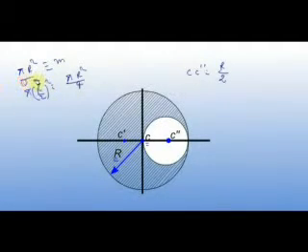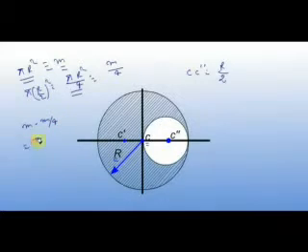So since the mass of pi r square area was m, so the mass of pi r square by 4 area would be m by 4. So the mass of the remaining portion, that is the shaded region, would be m minus m by 4, that is 3m by 4.